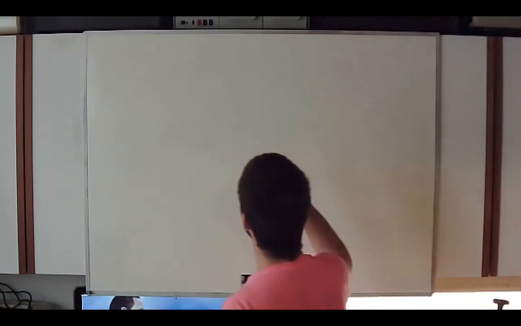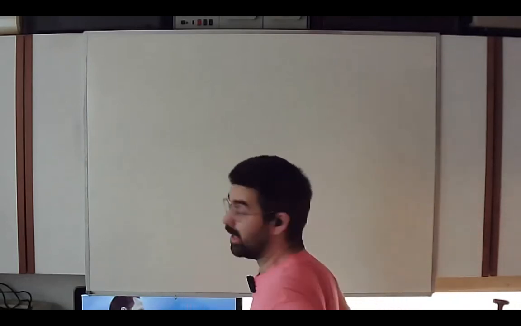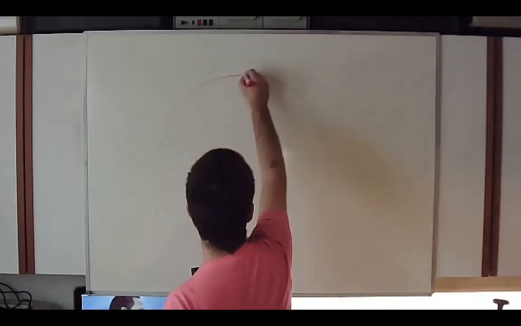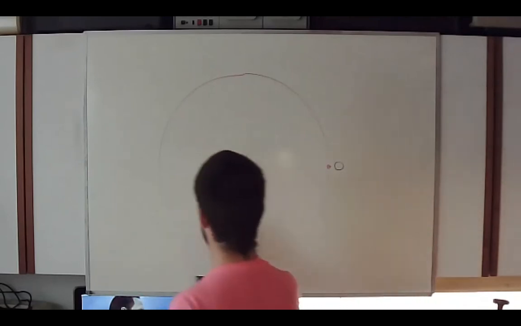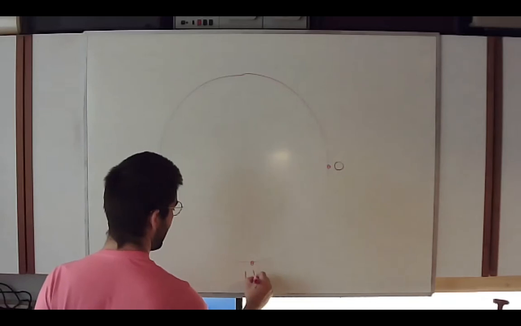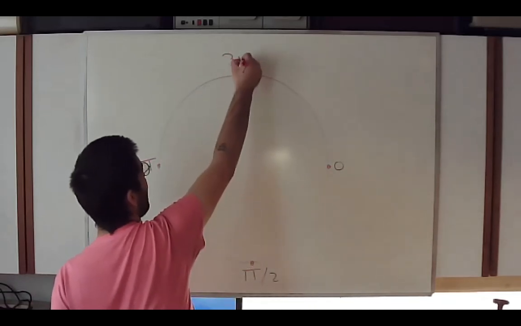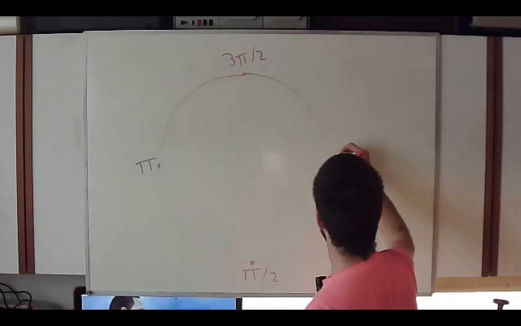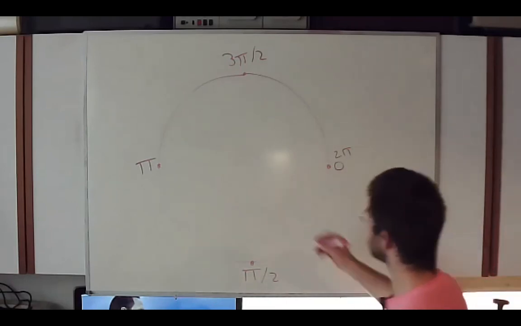So remember we talked about radians, right? Where we have a circle that goes around from 0, and this is pi radians. This is pi over 2. We have 3 pi over 2, and then 2 pi is right on top of 0.